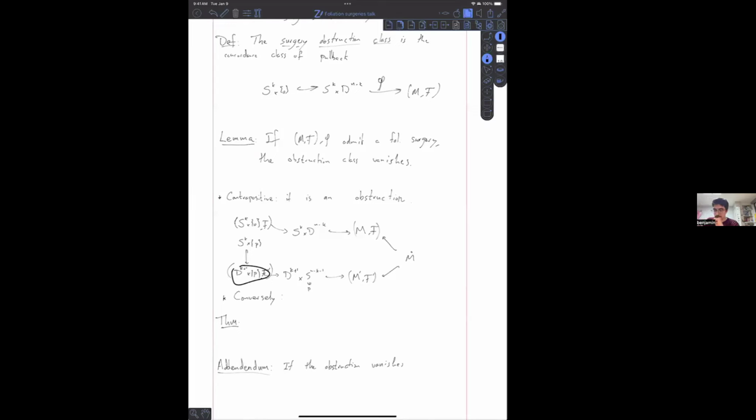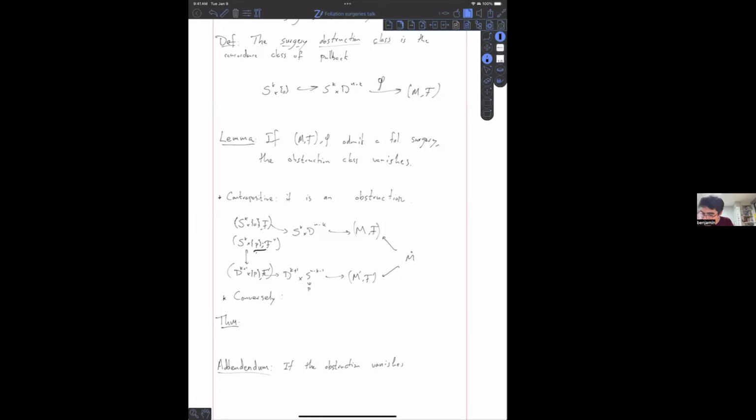This point P is in both manifolds, it's also on the boundary here. The problem is that this zero is not in the surgery because it's in the region that we cut out. I'm running out of symbols, so call this prime prime.